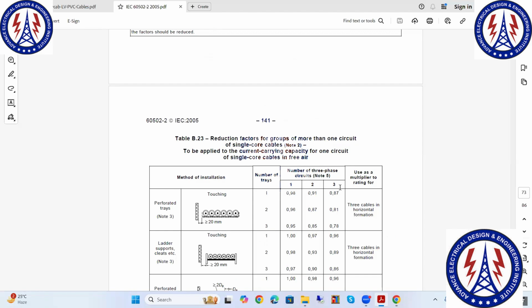The derating will change if you are not following that criteria. Technically, the trefoil should preferably be used for the transformer outgoing, but it is not compulsory for the motor. But as a rough practice, we are using it like this.